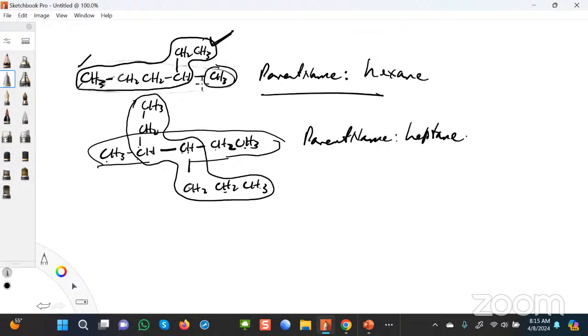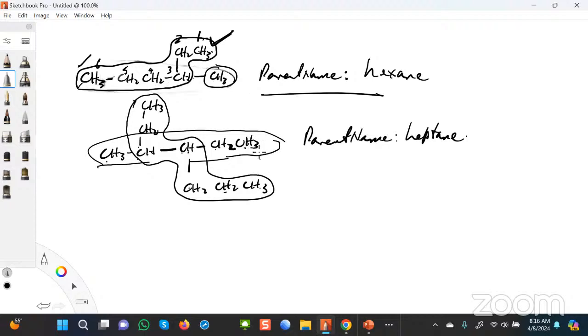This is the branch hanging from the longest chain. So we start numbering 1, 2, 3, 4, 5, 6. That's the longest chain that we have numbered. We start numbering from here and then continue to the end of the chain, because this branch is closest to this end compared to this end.